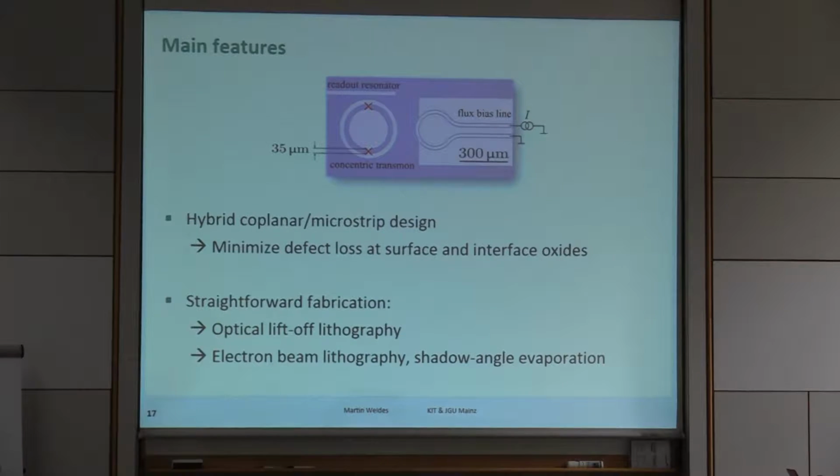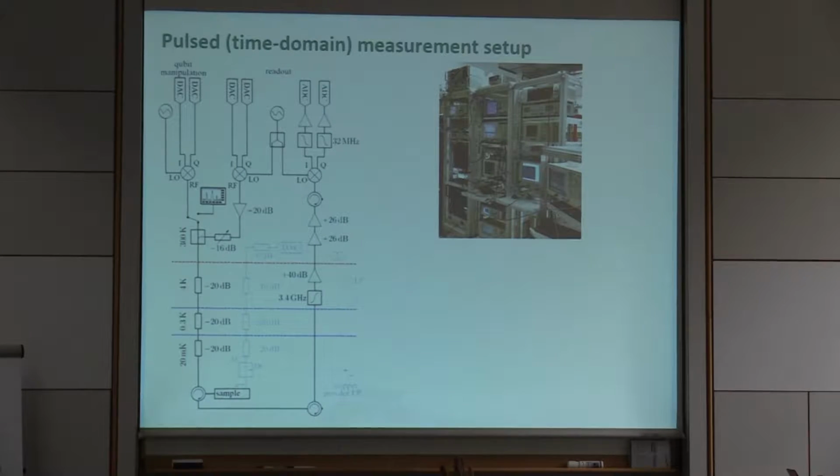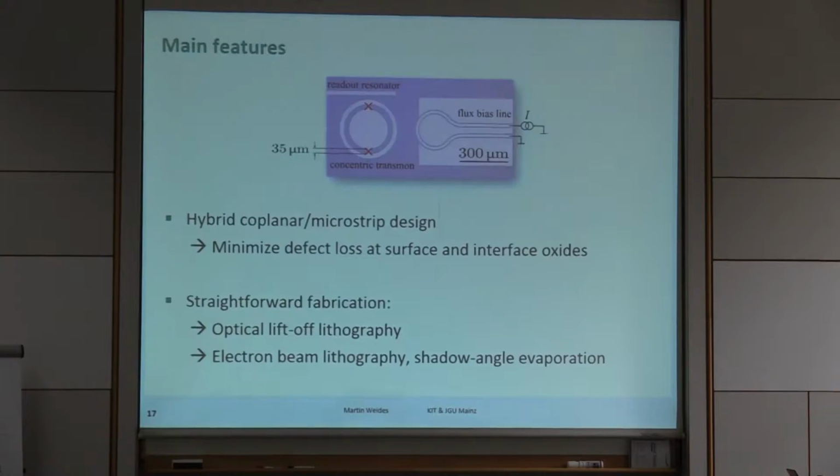We did the rest optically. Please. So what is the advantage of having a microstrip design, having a ground plane? Yeah. So we are also pulling, actually, thanks for the question, I didn't mention it, we are pulling the electric fields into the substrate. If you have just this system without a ground plane, then the electric fields are strongest on the surface, so they would couple to lots of TLSs.